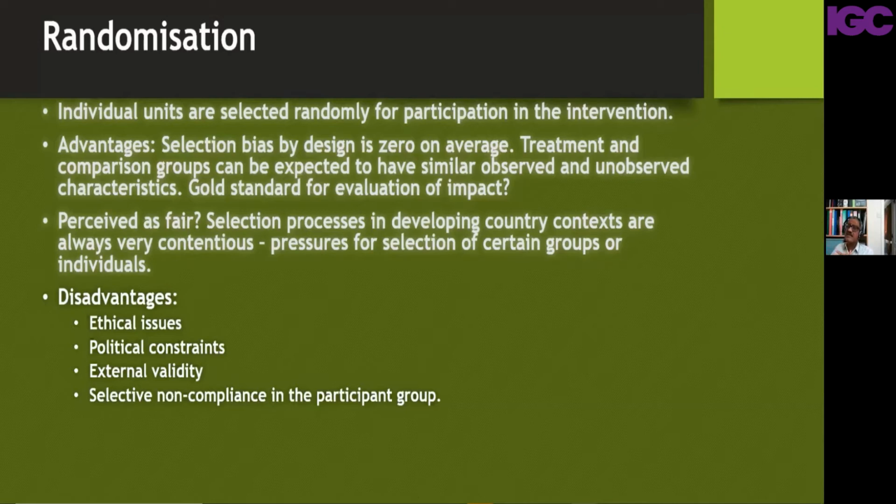And the other danger with randomized control trials is that you think you are making a randomized selection, but even within this randomized selection, some kind of selectivity can creep in, which you may not be aware of. But the most important set of difficulties with randomized control trials is that they are not really acceptable to a lot of policy makers.